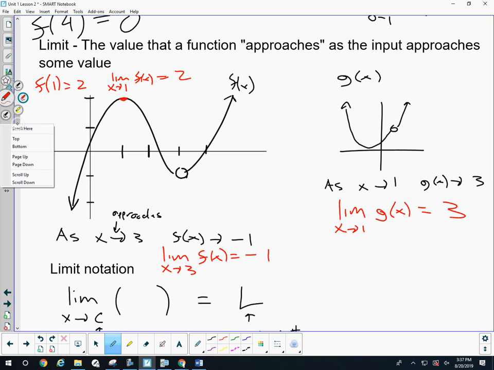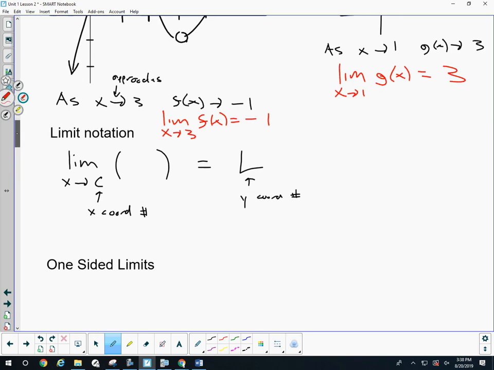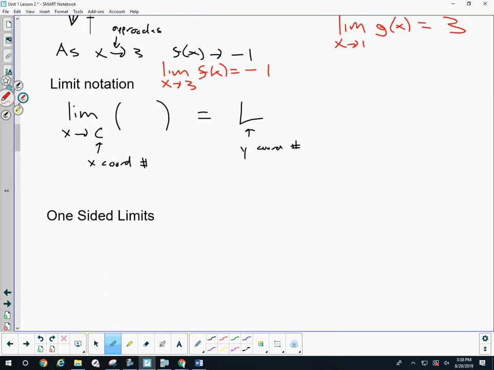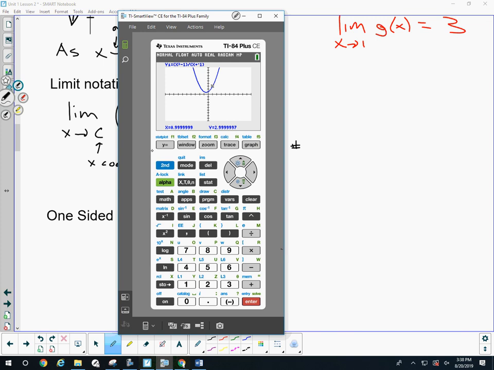Cool. Well, when we talk about limits, sometimes it's important to designate which side you're looking at. So when we first looked at this, we started at 0.9 and then 0.999. But then we said, well, why don't we look to the other side, 1.01 and 1.0001.